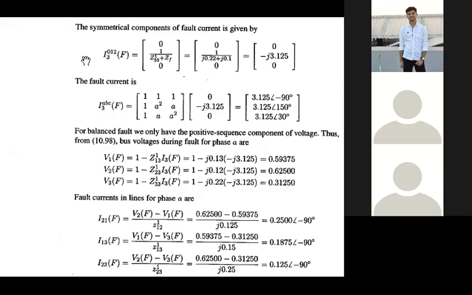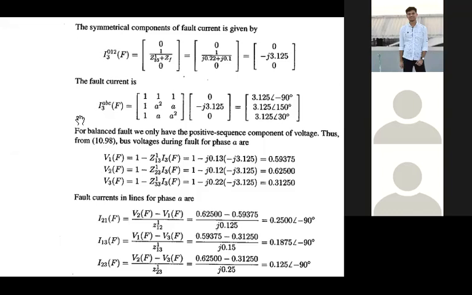That means three different steps. Fault current determination first step, second step bus voltage determination, third step the line current information during fault. It is for only one fault scenario, the balanced fault scenario.